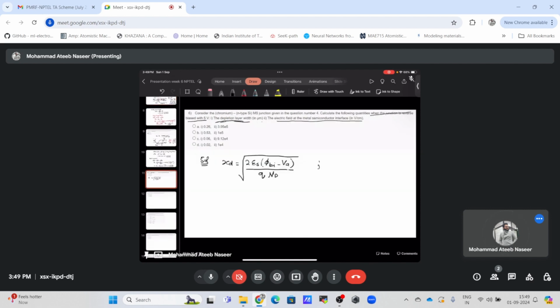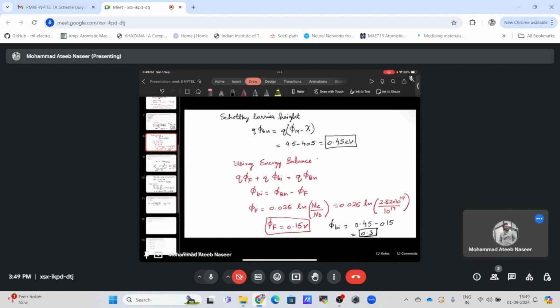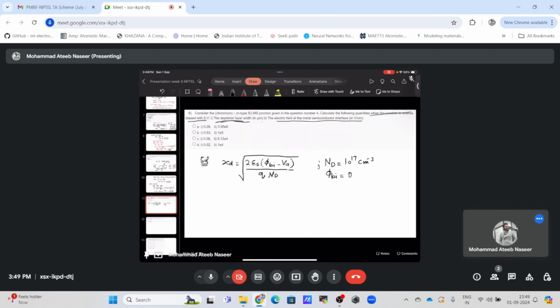ND is 10 to the power of 17 per centimeter cube. We need phi bi, which we found in the previous problem to be 0.3 volts. VA is minus 5 volts because of reverse bias.